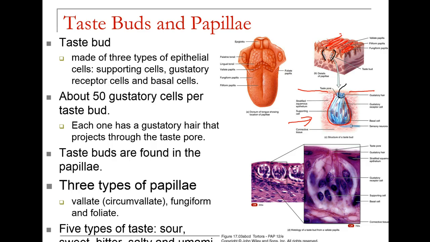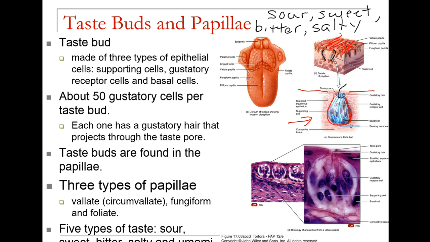and I've noticed that my screenshot has cut off some of the 5 types of taste. So you can see that there is sour. Sour is one of the 5 types of taste. And there is also sweet. There is also bitter. Salty.